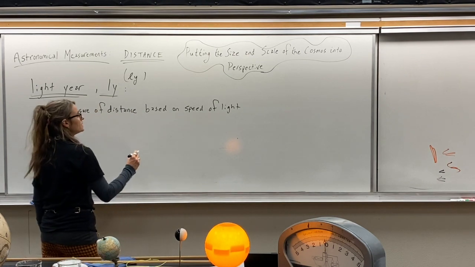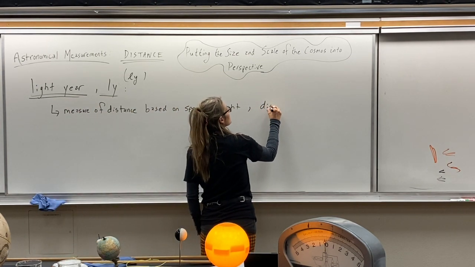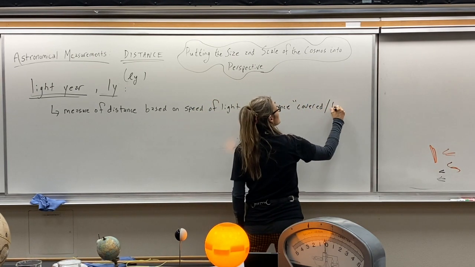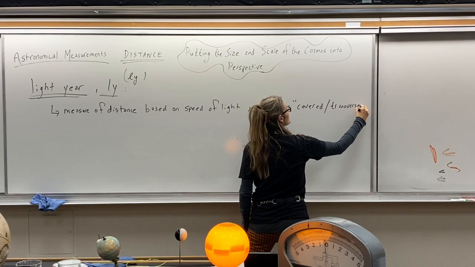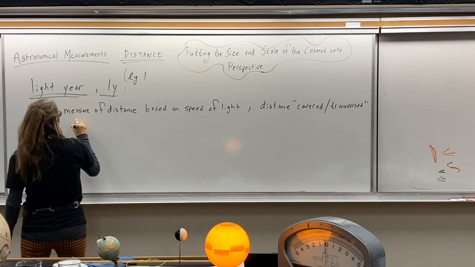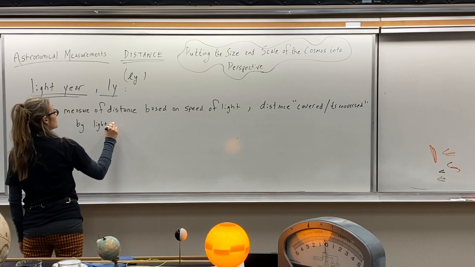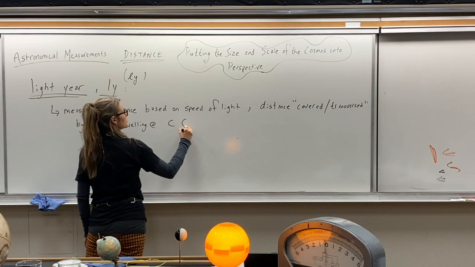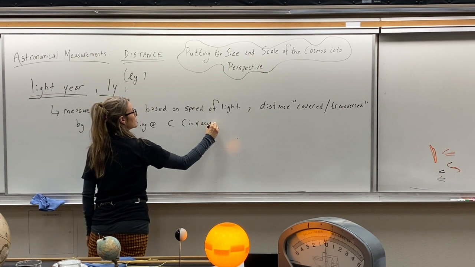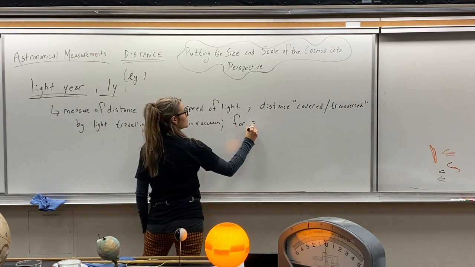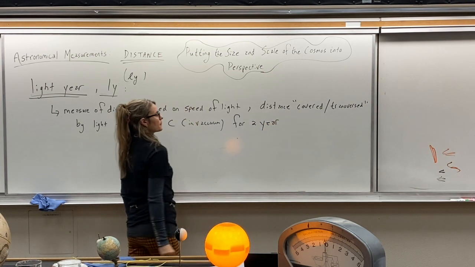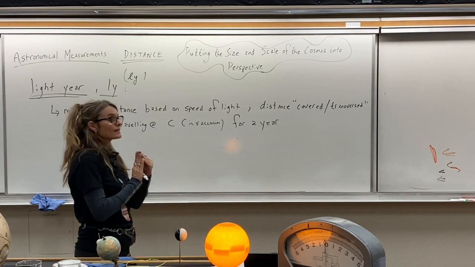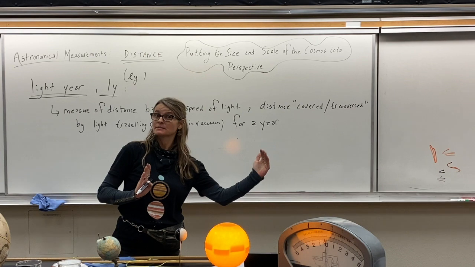And specifically, it is the distance covered by light traveling at the speed of light in a vacuum, 3 times 10 to the 8 meters per second.